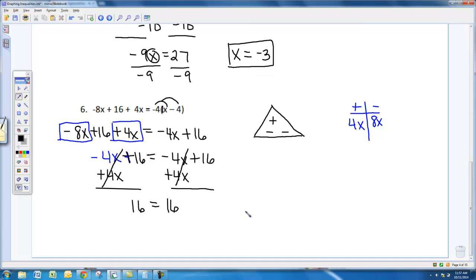When all of your variables drop out and the two sides are exactly the same, the numbers are equal, we say that our answer is all real numbers. This means that any value we choose for x and substitute it into the equation will make the equation true.